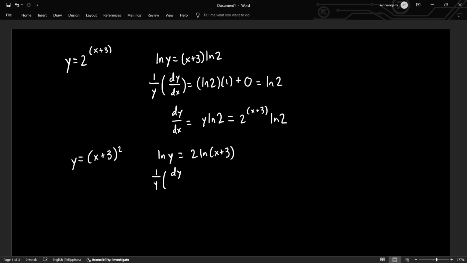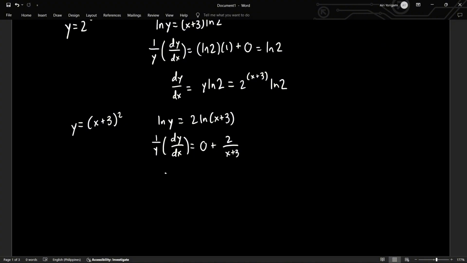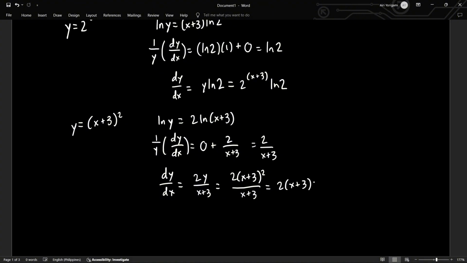Then if we solve for this, we will get dy over dx equals 2y over x plus 3, which is equal to 2 times x plus 3 quantity squared over x plus 3, which is simply 2 times x plus 3 or 2x plus 6, which is what we got earlier as well.